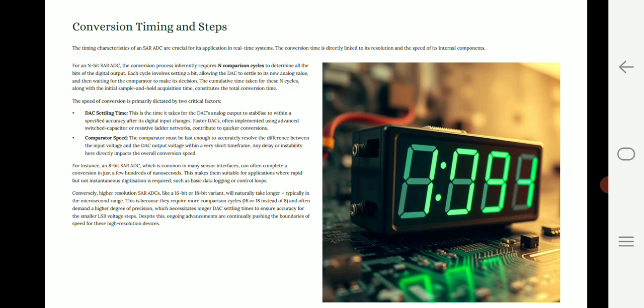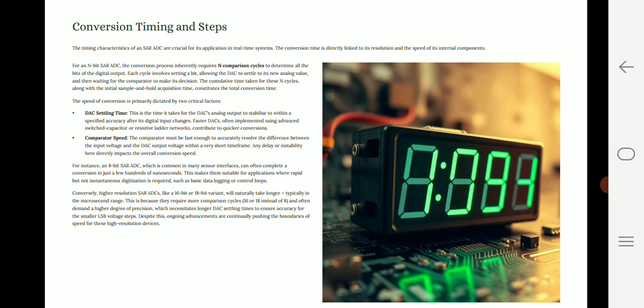It's nothing but the time to get the DAC output stable when we change the input. A faster DAC, often implemented using an advanced switched capacitor or resistive ladder network, contributes to quicker conversion.